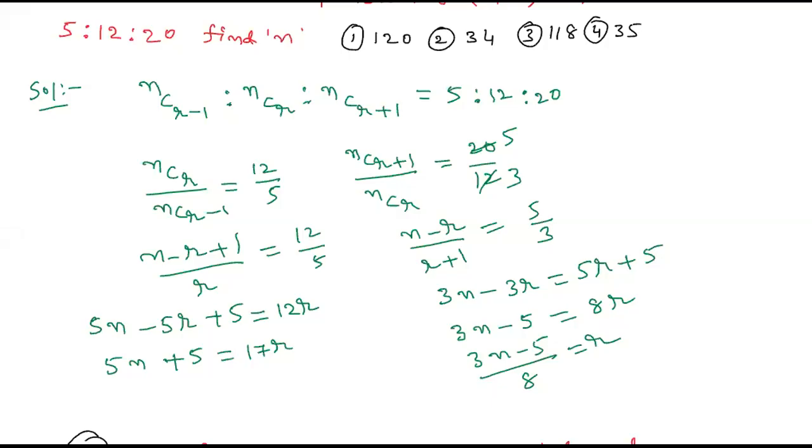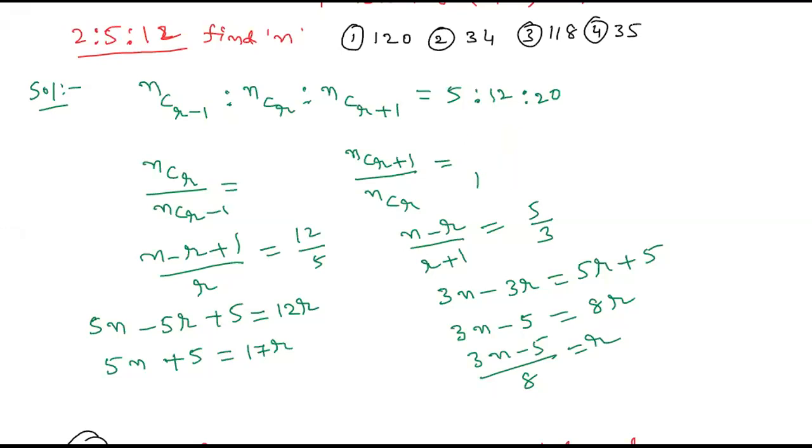Students, here the question is given by mistake. This is not 5 is to 12 is to 20. That is 2 is to 5 is to 12. This is the correct question, 2 is to 5 is to 12. Now see the ratios, here is going to change.